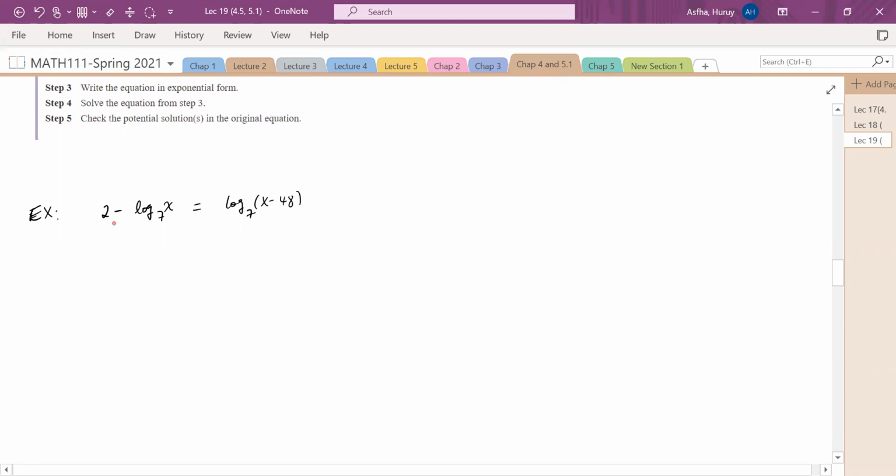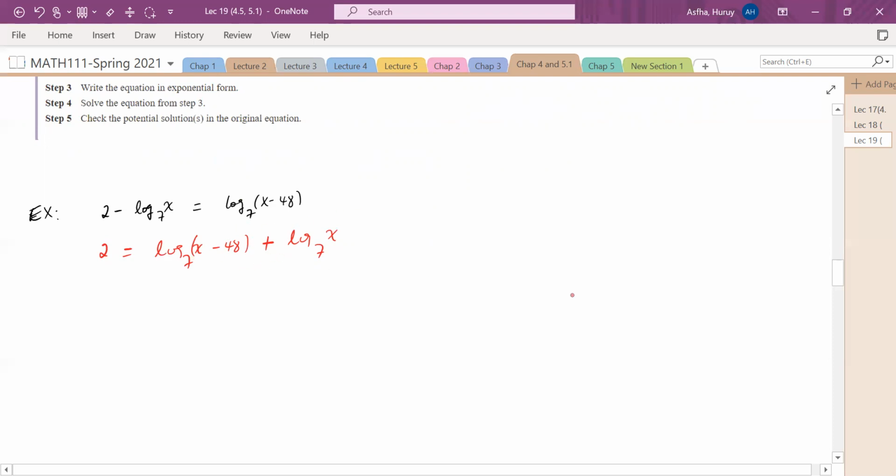So first, we have these two logarithms, and let's bring them together on one side. So I have 2 equals log x minus 48 base 7 plus log x to the base 7. How do we make this one logarithmic expression?